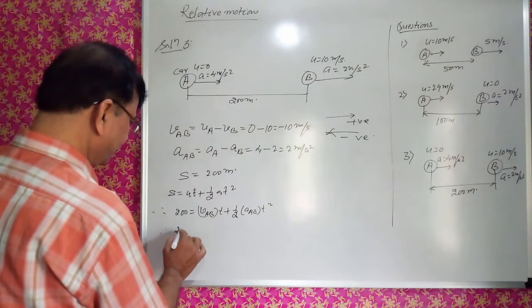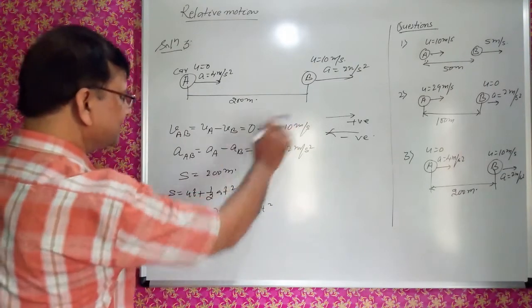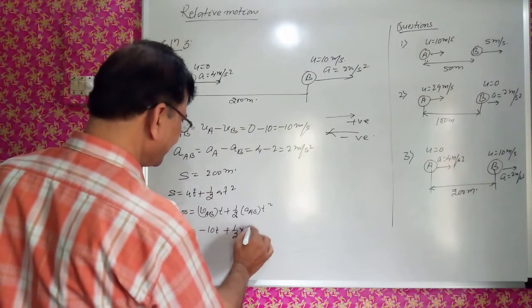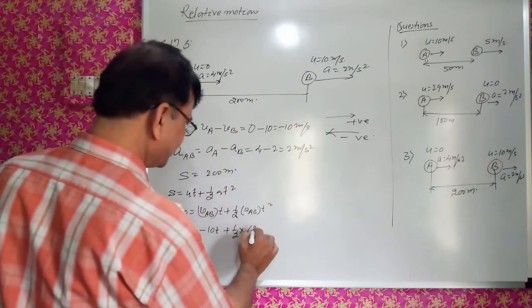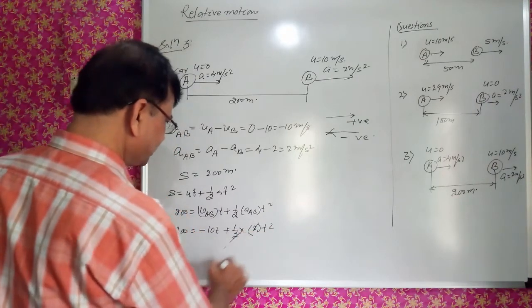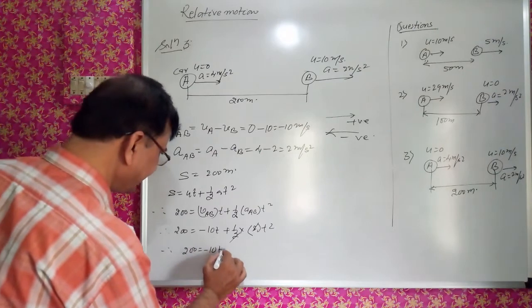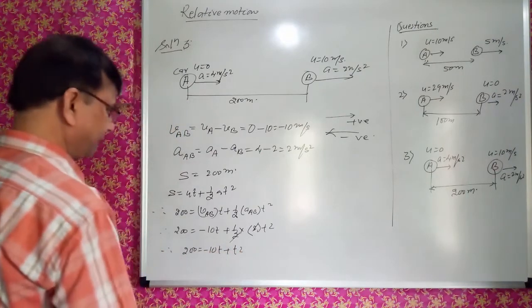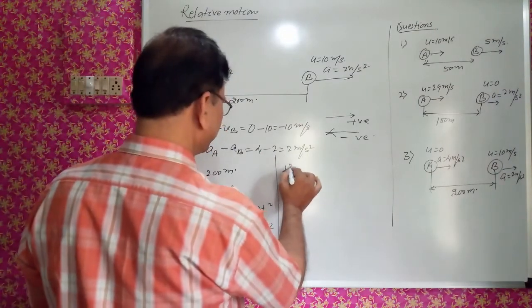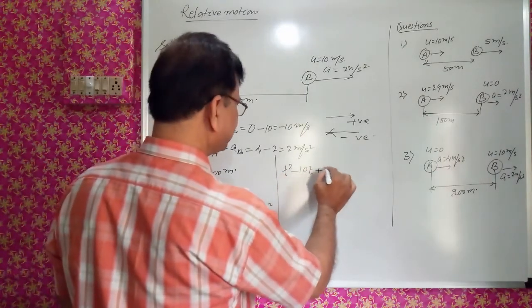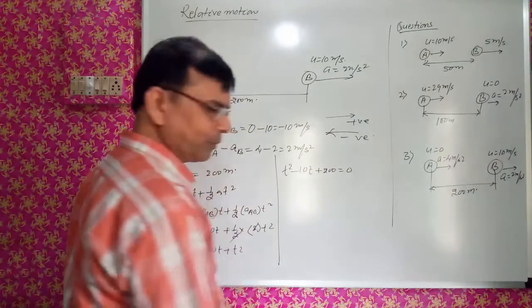Therefore 200 is equal to VAB is minus 10T plus half into AAB is 2 into T square. 2 will cancel 2, that is 200 is equal to minus 10T plus T square. Therefore T square minus 10T minus 200 is equal to 0.